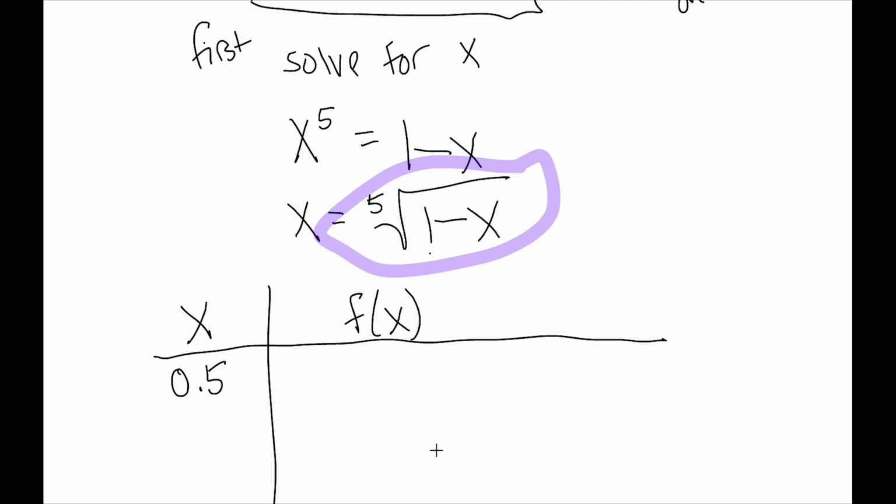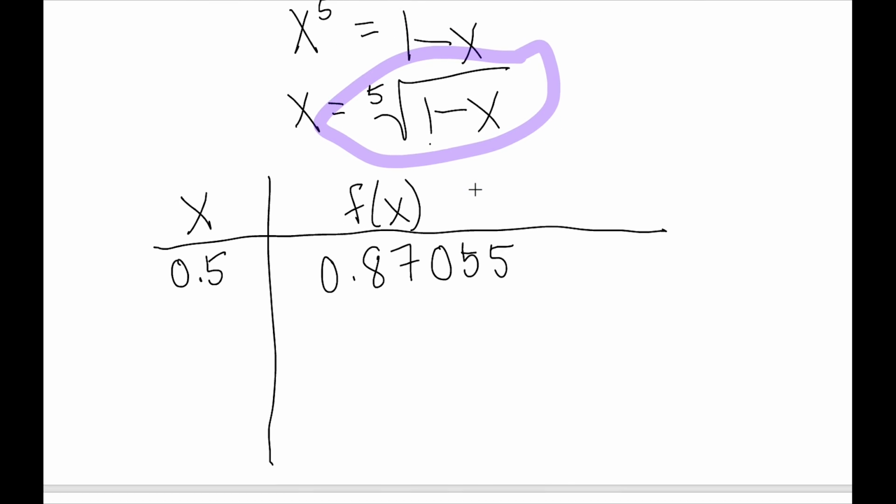So I'll type 0.5 store x. Then type the fifth root of 1 minus x. So I get 0.87055. And you want to keep this to a lot of decimal places until you get to your final answer.